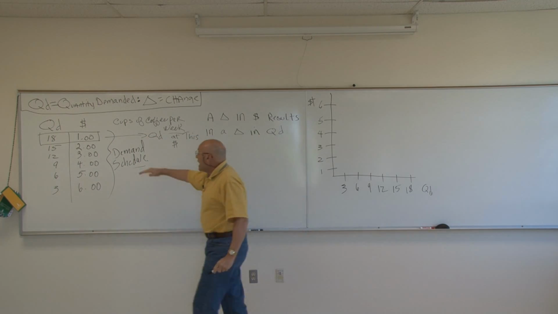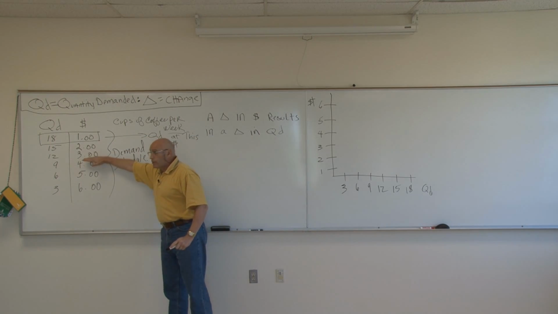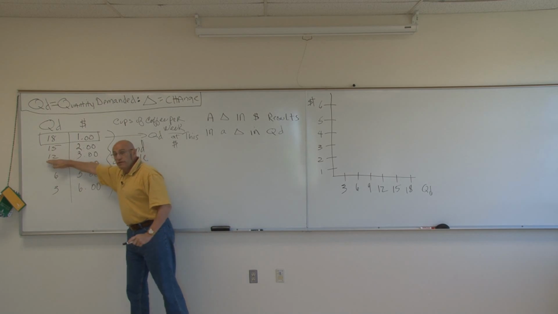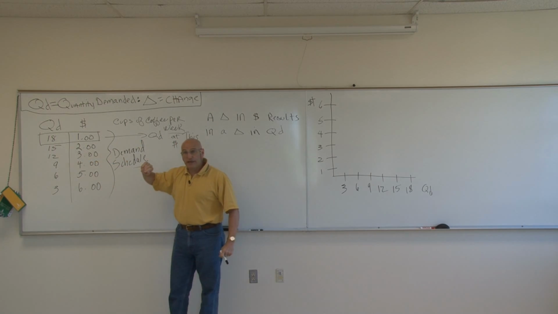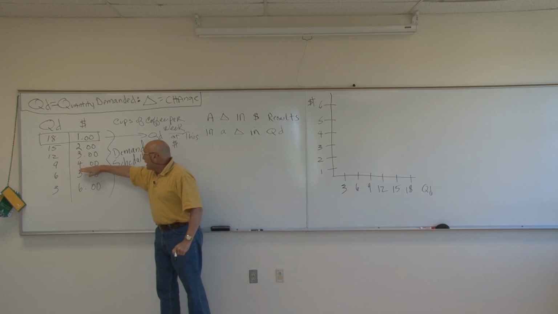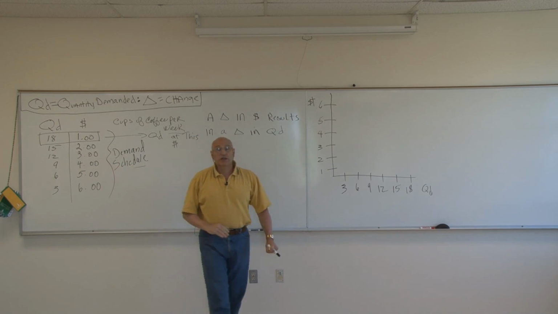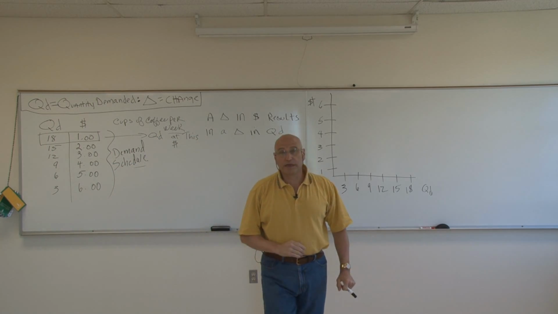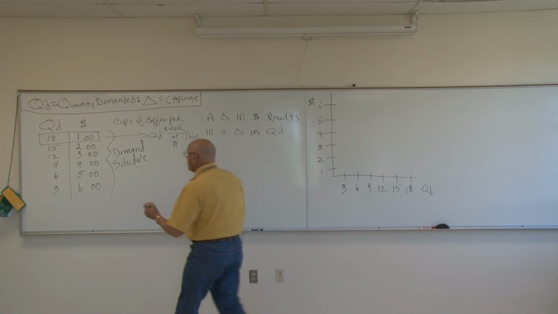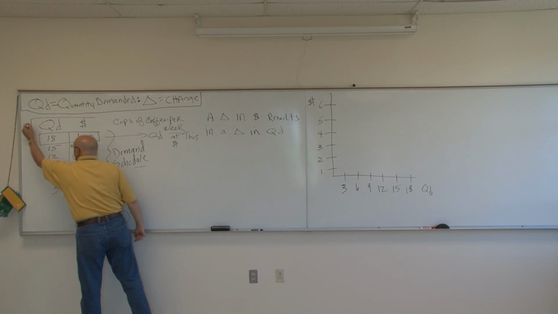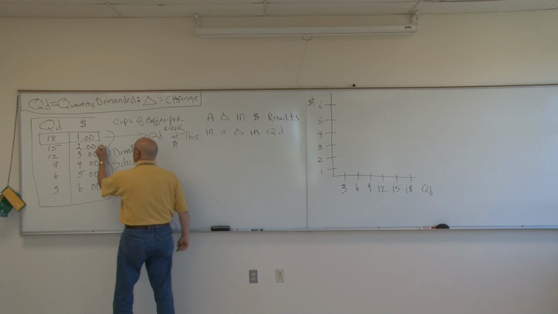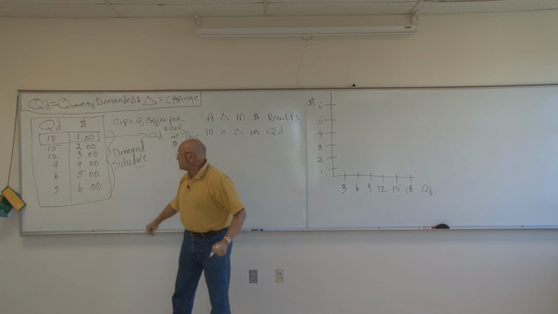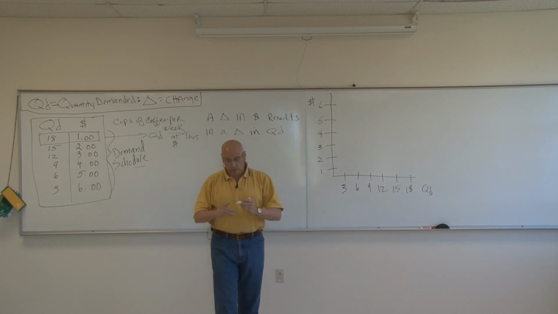And you can see how these change. If the price is $3, the quantity of coffee that I demand that week will be 12. And if the price is $4, the quantity demanded will be 9. But the entire grouping of numbers is considered to be my demand schedule.